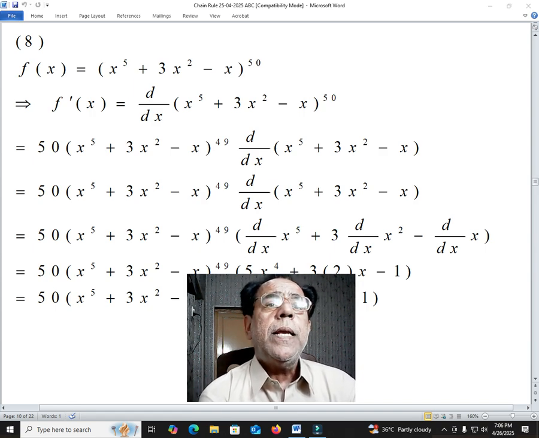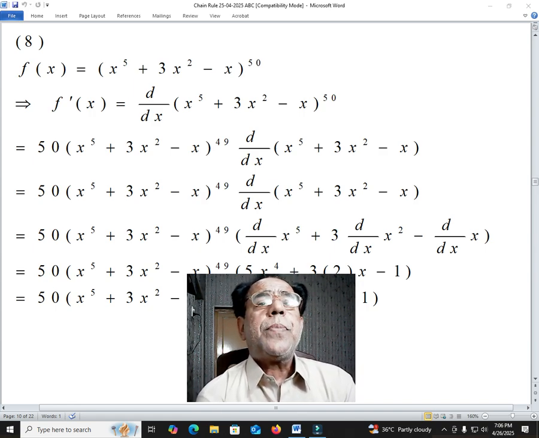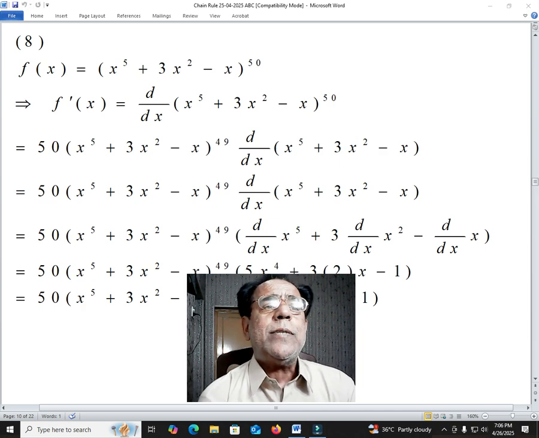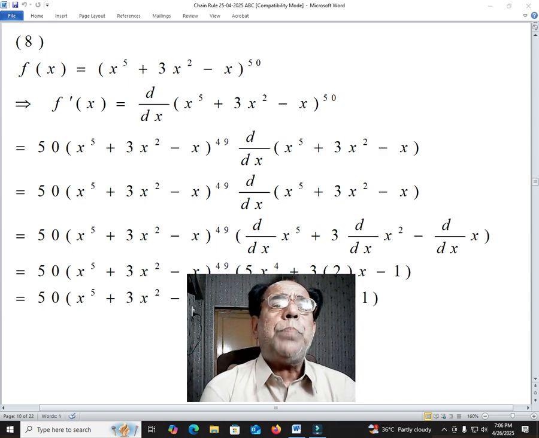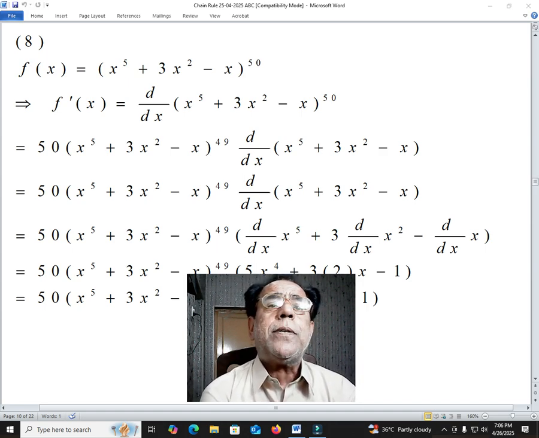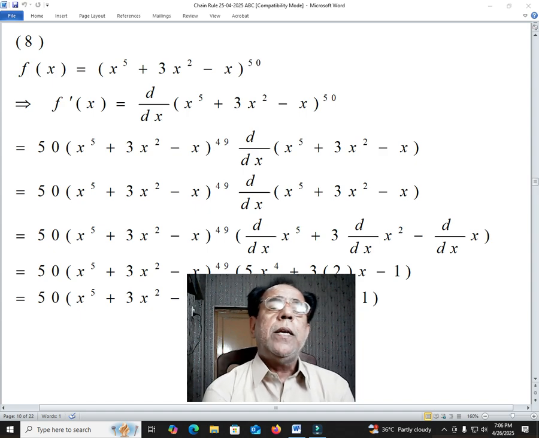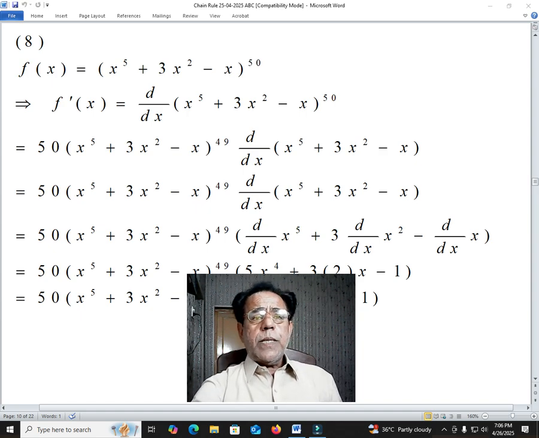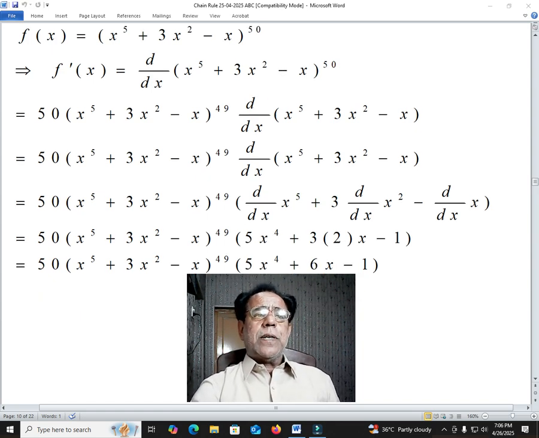So 50 into (x raised to power 5 plus 3x square minus x) raised to power not 50 but 49, that is to say 50 minus 1. Then d over dx of the internal function x raised to power 5 plus 3x square minus x.